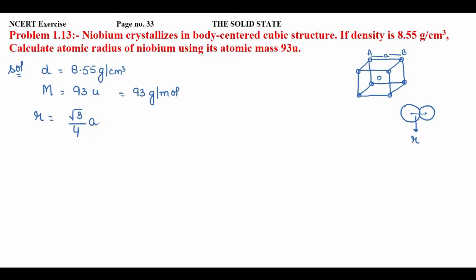We can find a with the help of the relation d equal to Z into M by a cube into Na. I'll simply take a cube on one side and the rest on the other side. So it will be a cube equal to Z into M by d into Na, right?